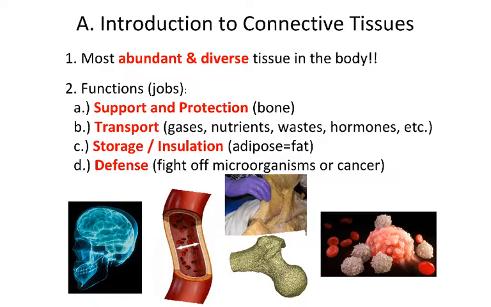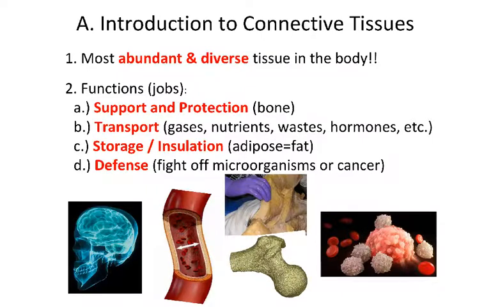So, an introduction to connective tissues, which we went over in the intro lecture, but just to remind ourselves what they are: connective tissues are the most abundant and diverse tissues in the body. Their main functions are to support and protect, such as bone, and to transport, such as transporting gases, nutrients, waste, hormones, etc. through fluids like lymph or blood.